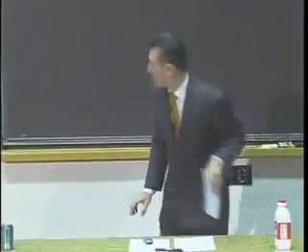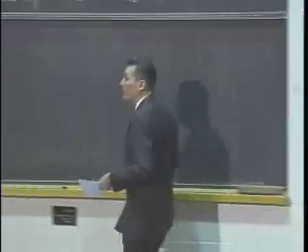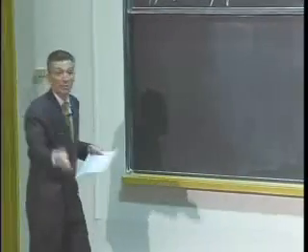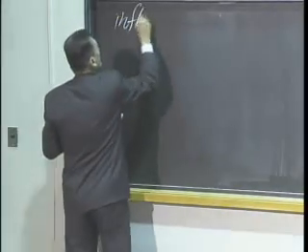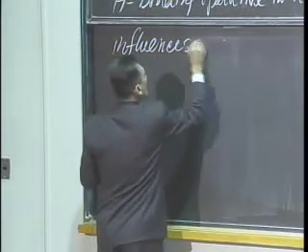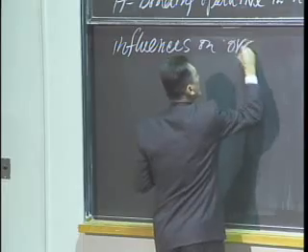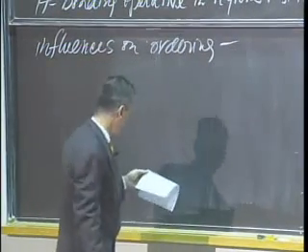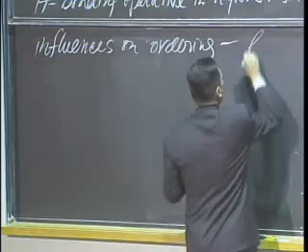What I wanted to do today was to take up this concept that we talked about with regard to ordering versus disordering last day. We talked about low-density polyethylene versus high-density polyethylene. So I want to just revisit influences on ordering, and actually what favors crystallization.